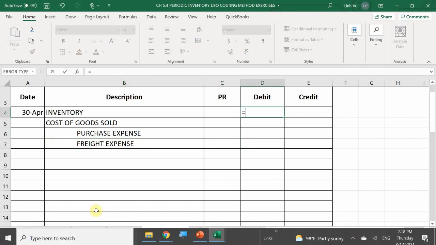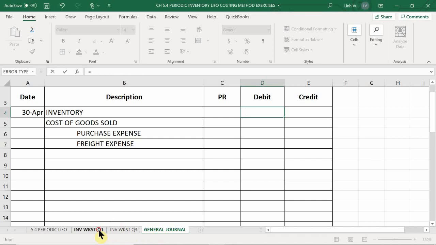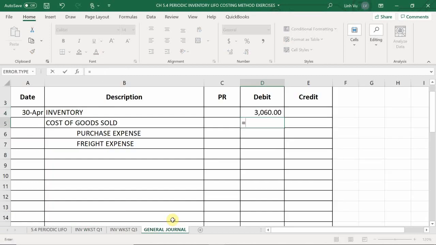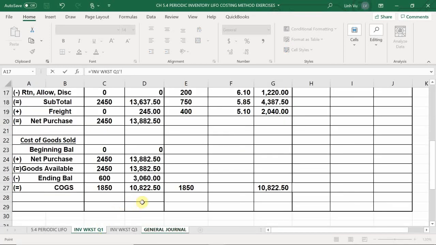What was the total ending inventory? What was the total cost of my ending inventory? $3,060. Good. What was the total cost of my cost of goods sold?